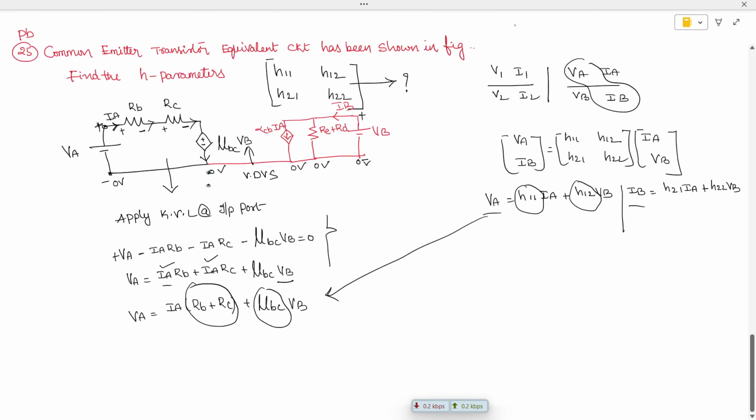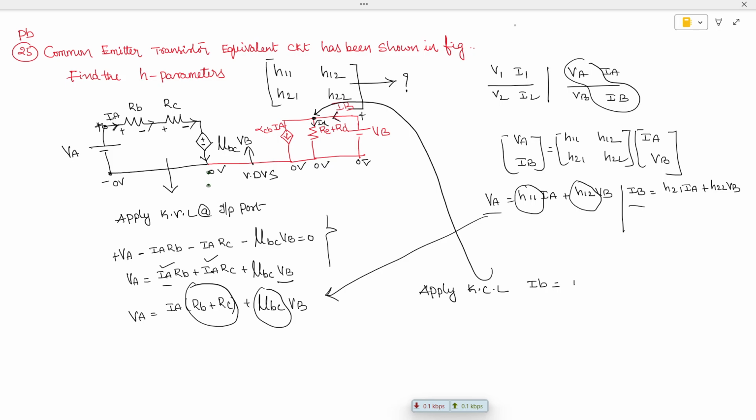Okay, and now here we are going to apply Kirchhoff's current law. The entering current given is IB. Mark this current as IX.